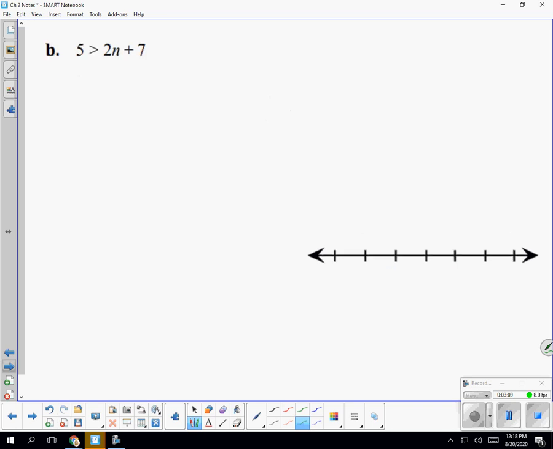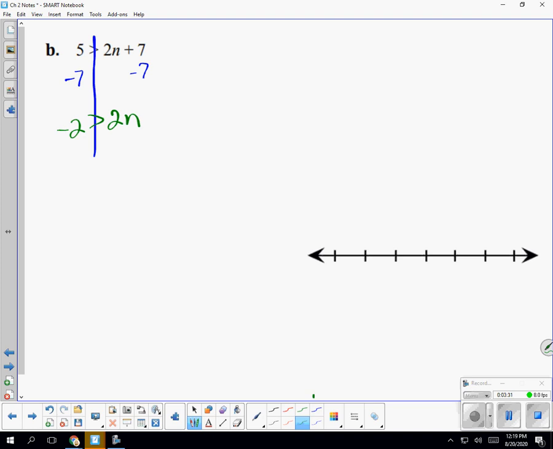The next example, we have 5 is greater than 2n plus 7. We have all of the variables on one side, so let's go ahead and start undoing our operations in order to solve it. We're going to subtract 7 from both sides. That gives me negative 2 is greater than 2n.